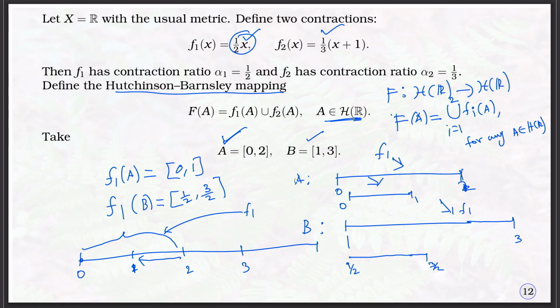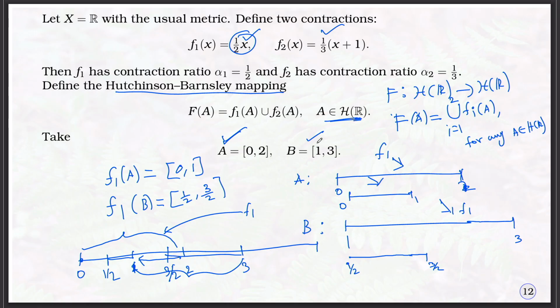When you are applying f1 on 1, 3, this interval, it sends 1 to 1 by 2 and 3 to 3 by 2. Yes, 3 by 2 here. So, the image of 0, 2 and 1, 3 under the mapping f1 is 0, 1 and 1 by 2 to 3 by 2.